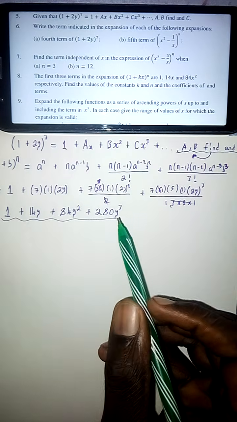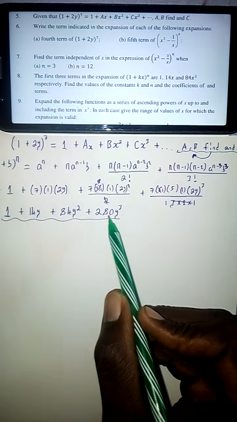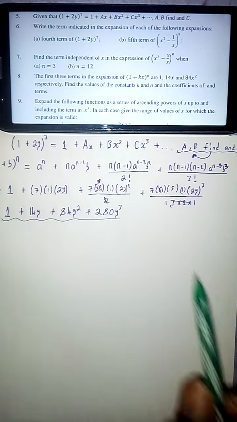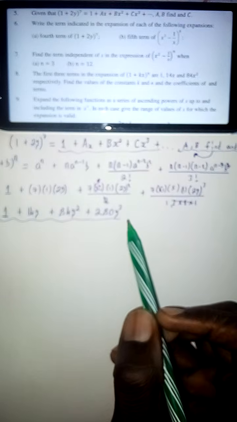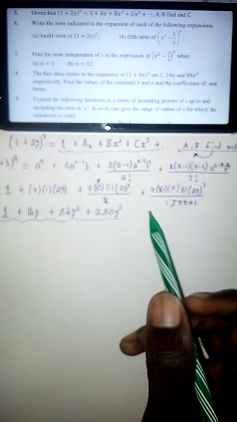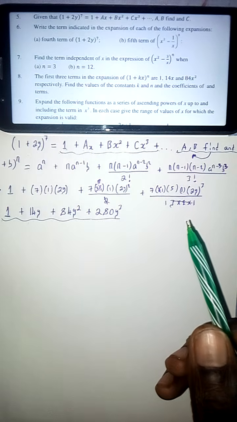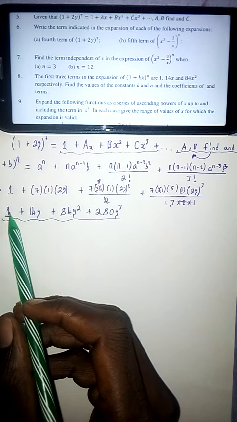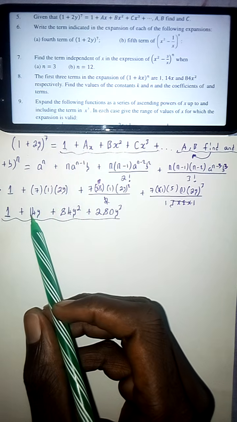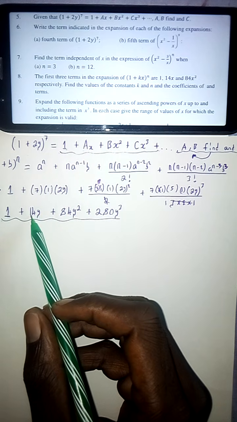Then, as you can see, this is from this part, and we have this part. So what do we do now? We just have to equate. So this corresponds to this, as you can see.